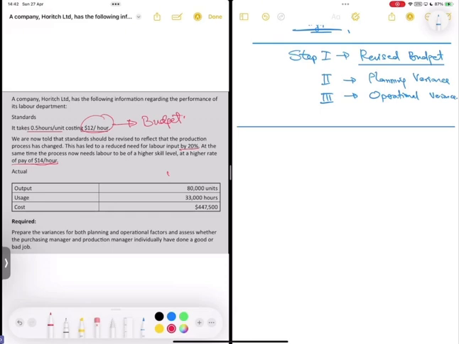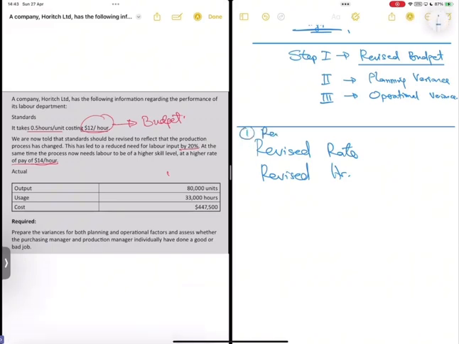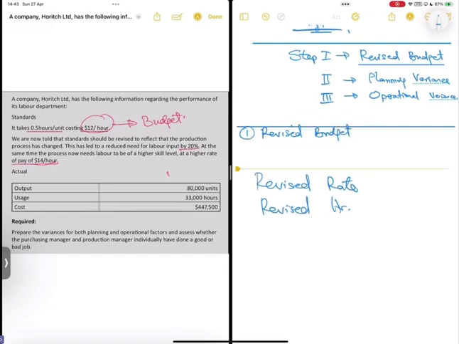So step one is to prepare our revised budget. Revised budget in the sense that we need to know the revised rates and the revised hours. So what's our revised rate now? $14 per hour.